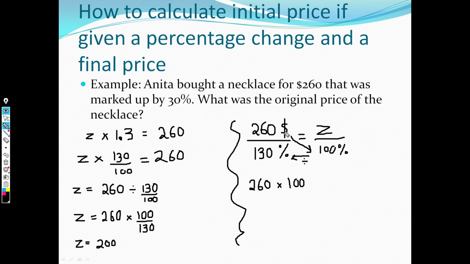Okay? So again, going diagonally is multiplying, and then going across is dividing. So this is 260 times 100, and then divided by 130. And guess what? It's the same thing as this right here. You end up getting the same value. All right, so that's that second bit that you needed to know, which was how to calculate initial prices if we give you the percentage change and the final price.